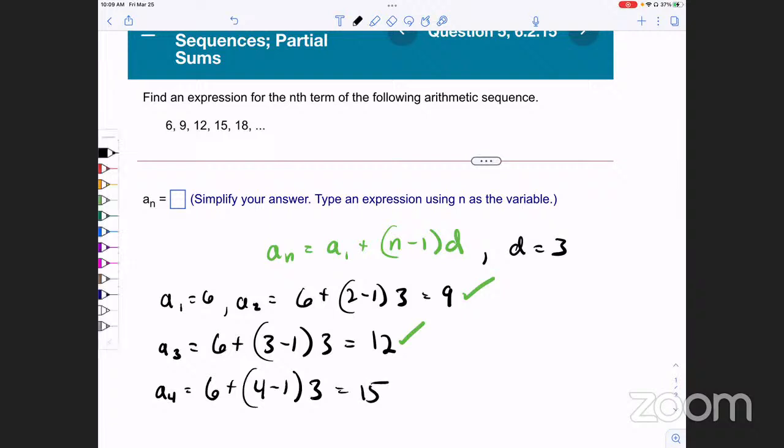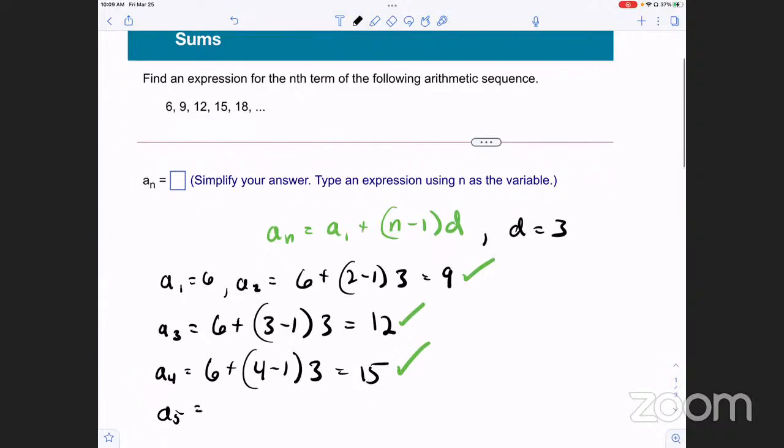That checks out. And the final one, A5. 6 plus 5 minus 1 times 3. 12 plus 6 is 18. That checks out. All right. So we can have some confidence in this result and submit it.